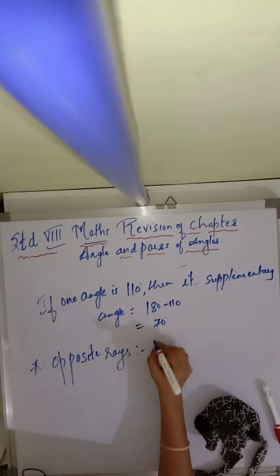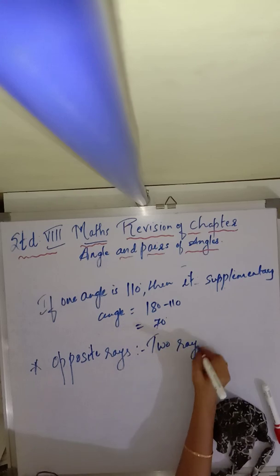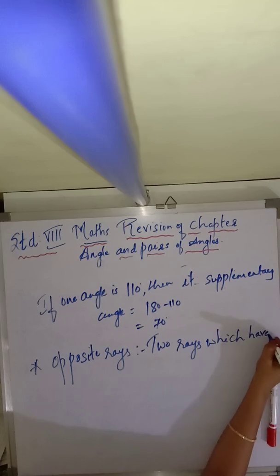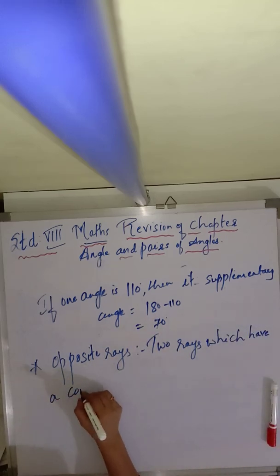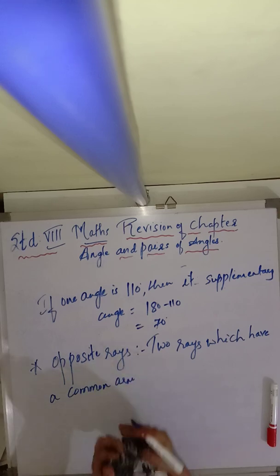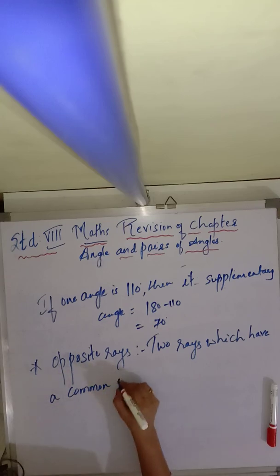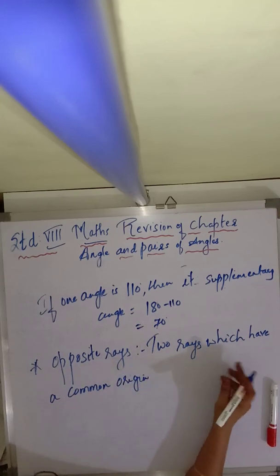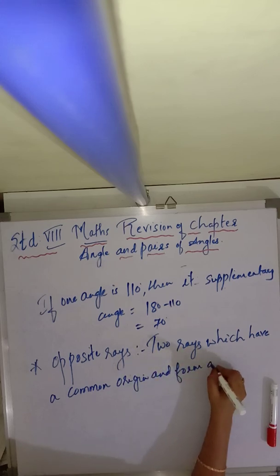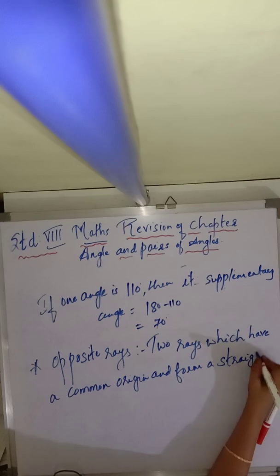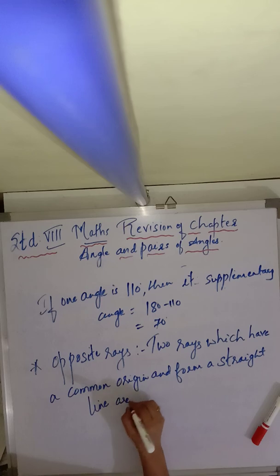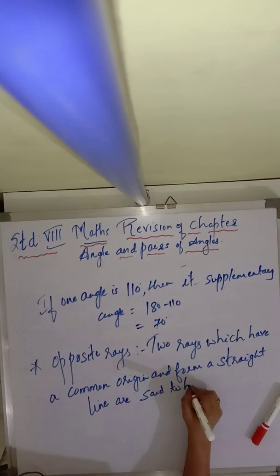Now two rays, children, which have a common origin, that will be better, and form a straight line, are said to be opposite rays.